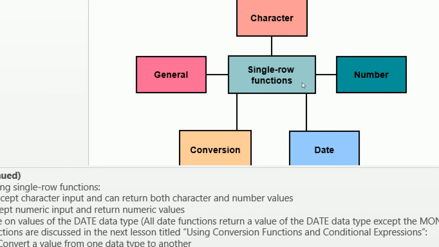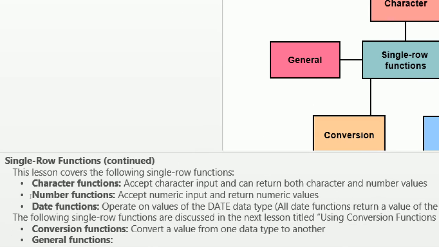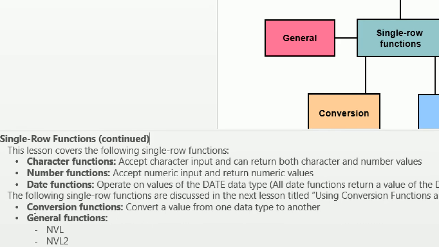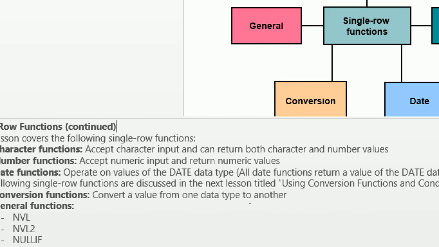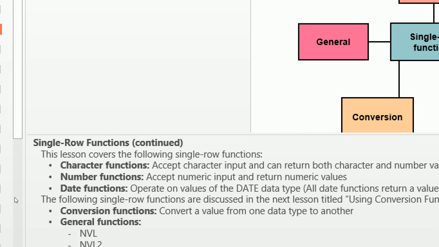Let me give you a little explanation of each to clear your idea. Character functions accept character input and can return both character and number values. You give them character input, and they might give you a character output or a number output. Both types are possible.